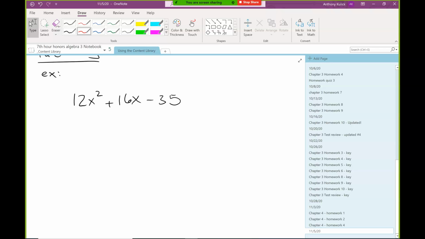So remember, to start, what we'd want to do is find the two numbers that multiply to give us 12 times negative 35, which is negative 420, and then add to give us 16. Now at first glance, I don't see what those two numbers are. Do you guys?